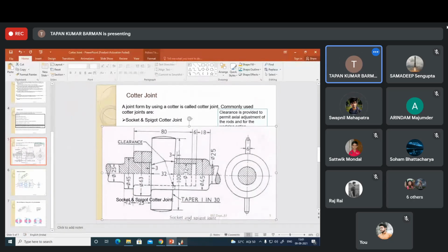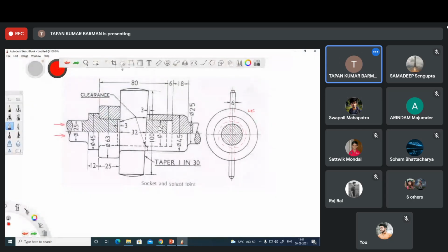Yes, sir. No, I cannot do it. The straight line between the two figures. No, no, one minute. Okay, I am doing it in a different way.